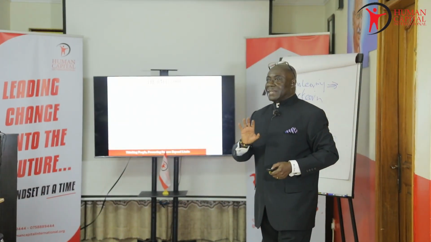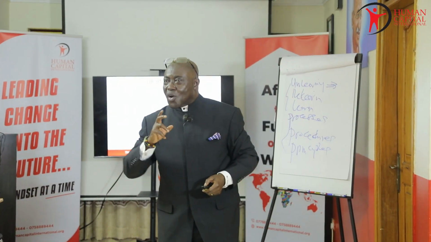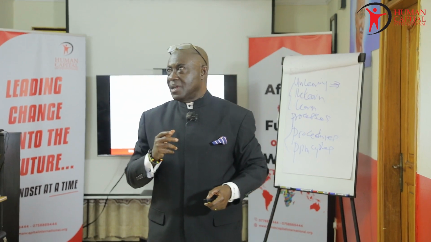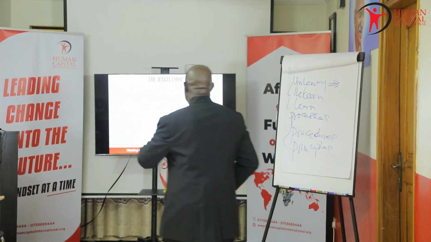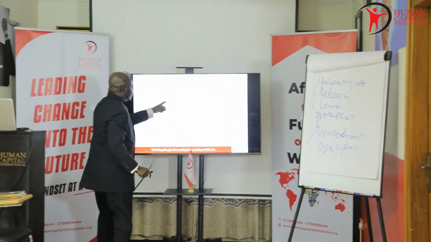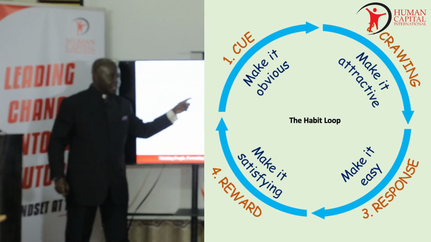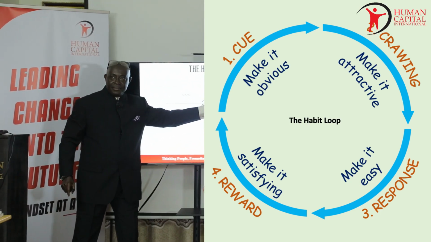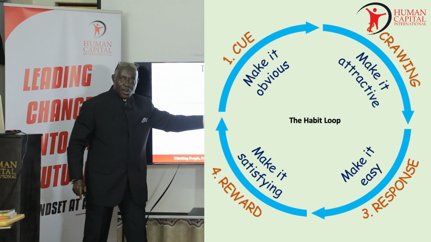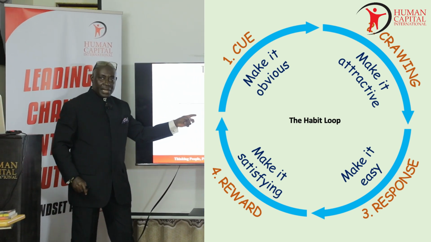Okay, so now this leads us to what we call a habit loop. So if you look at it, it starts from here, as I explained. You see the cue? Then it goes to a craving. It comes to the response. Then it comes to what? To the reward.